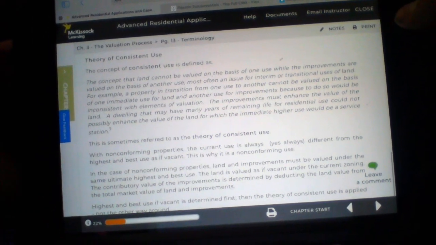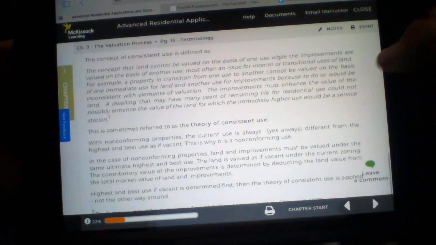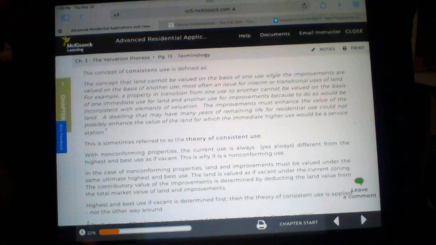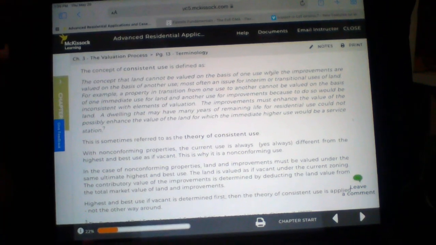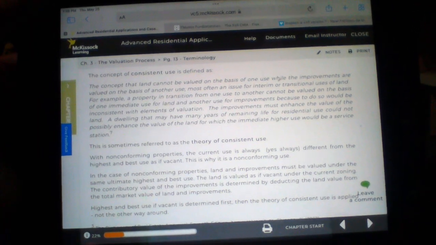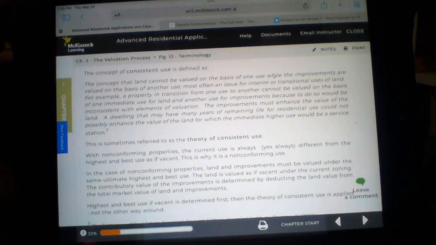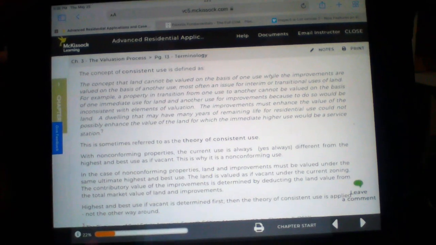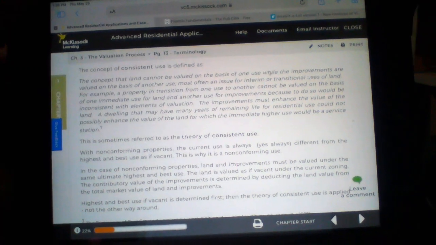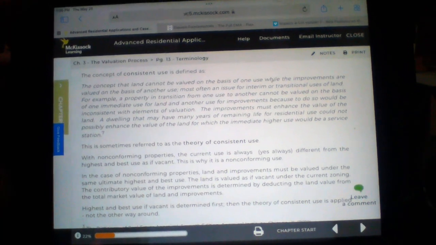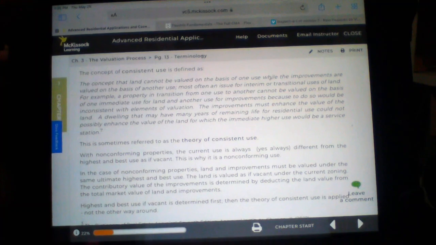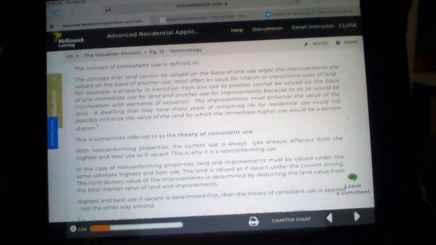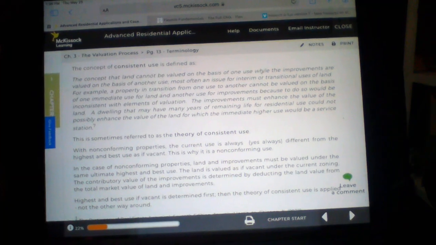Theory of consistent use. The concept of consistent use is defined as the concept that land cannot be valued on the basis of one use while the improvements are valued on the basis of another use.